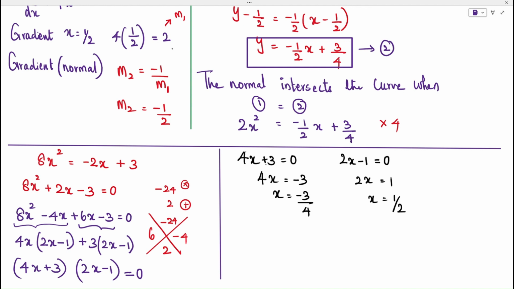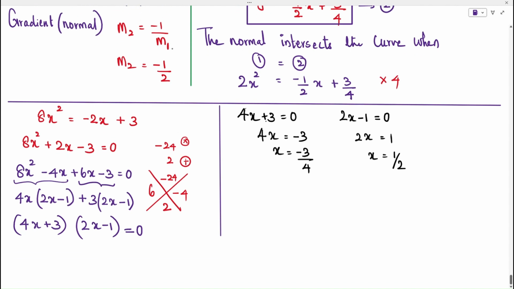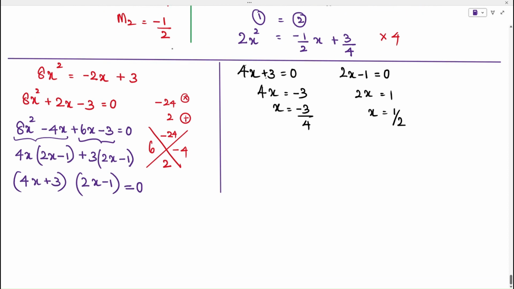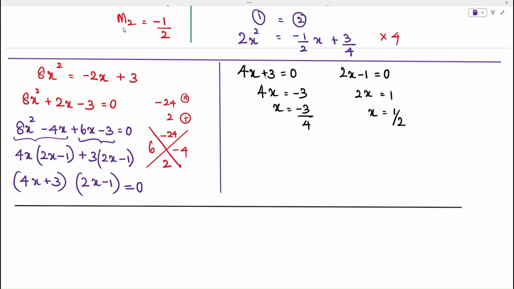So what we can straight away remove is x is equal to a half, because this is the x coordinate of point P. So we only need to worry about x is equal to minus 3 over 4, because this is our x coordinate of point Q. So when x is equal to minus 3 over 4, we're going to use the equation of our normal line here.